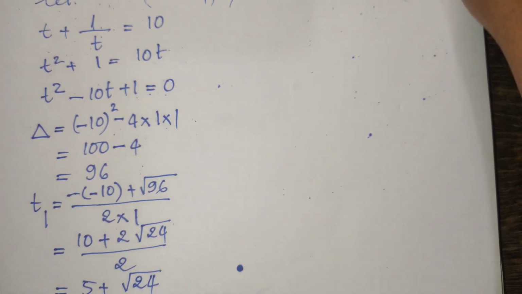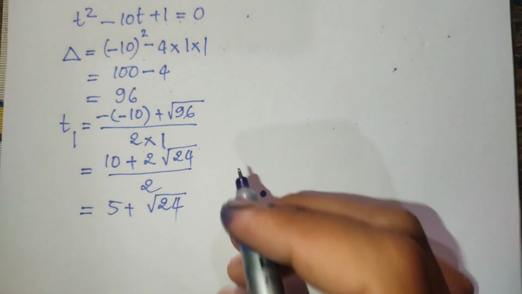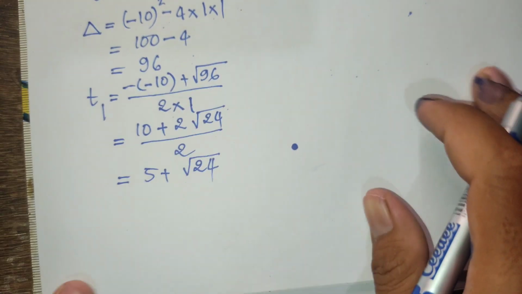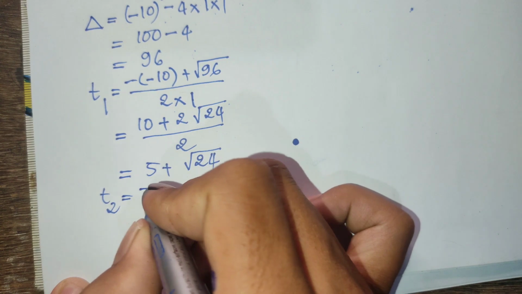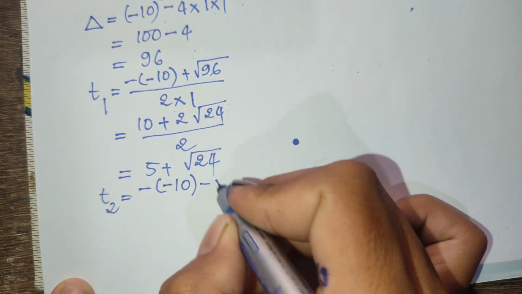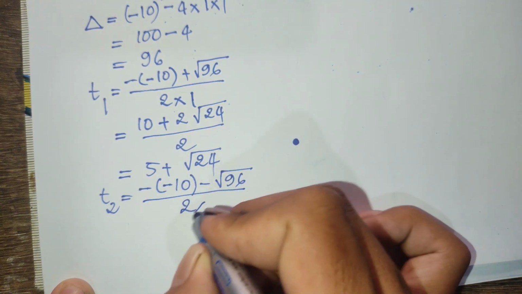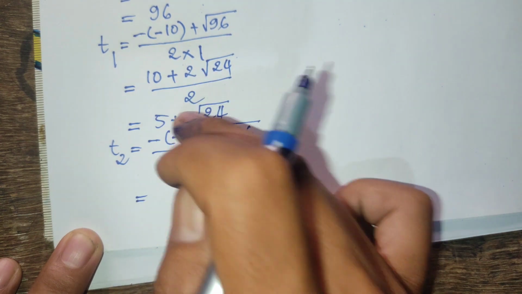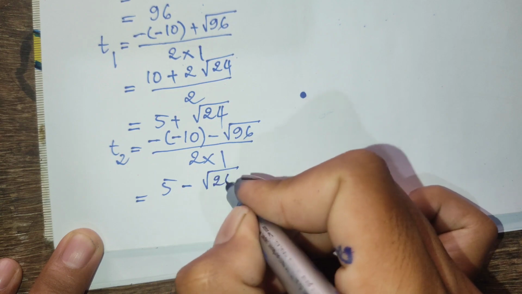Okay, and that is one solution. And t2 is (10 minus square root of 96) divided by 2 times 1. So it is equal, like the same, to 5 minus square root of 24.